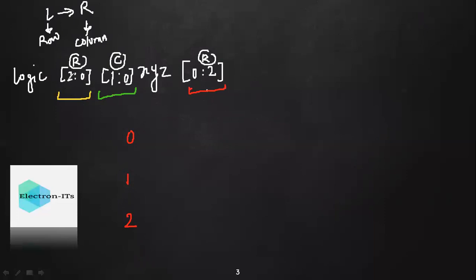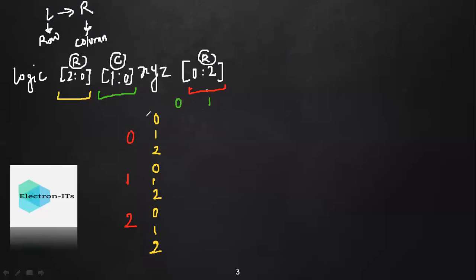Packed dimensions again row, there are total 3 rows, so there will be 0 1 2. For each red there will be 3 yellows, 0 1 2, 0 1 2. And then lastly you have the second dimension of packed, so it represents the column. Total there are two columns, so 0 and 1.